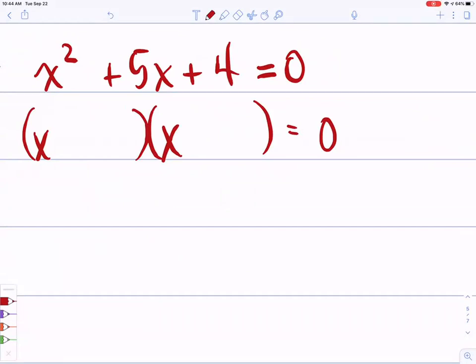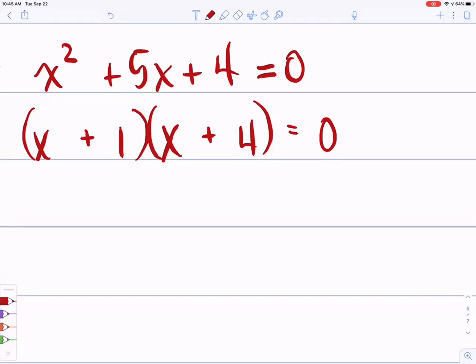What are the numbers that you're going to use for the 4? 1 and 4. And what kind of signs will you use to get a positive 5x in the middle? Plus on both. Oh, but this isn't done. Yes, we have factored, but we haven't solved. So what was the solving that we had to do in our last test?